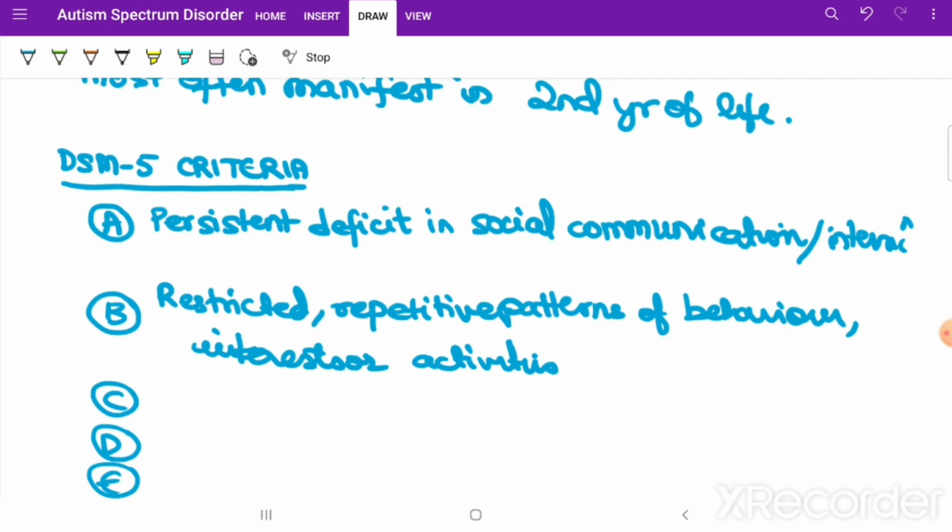Or insistence on sameness. Sameness means inflexible adherence to a routine. The child wants to do the same thing again and again every day, or we can call it a ritualized pattern of verbal or non-verbal behavior. The child may have extreme distress at small changes, and difficulty in transition, like there's a small change in his life and he's not able to adjust easily.